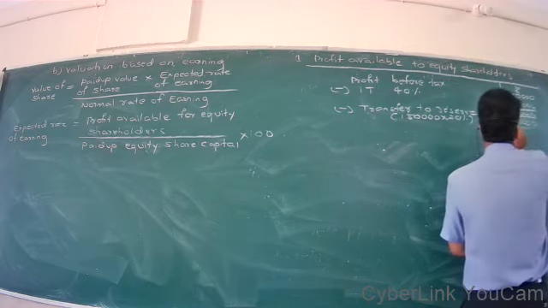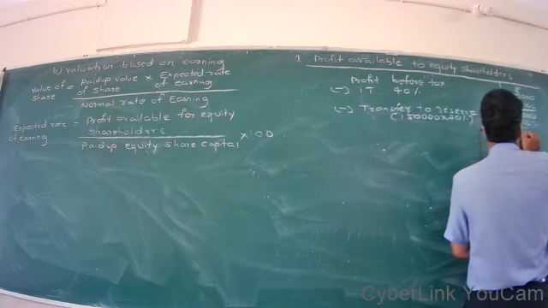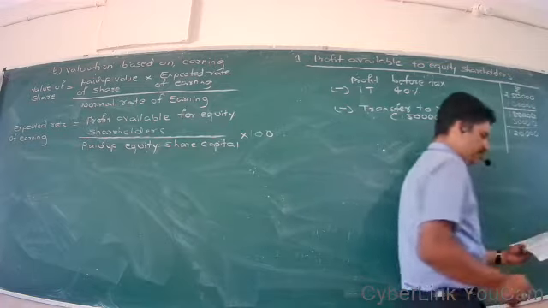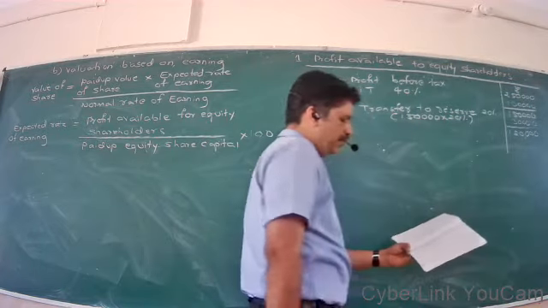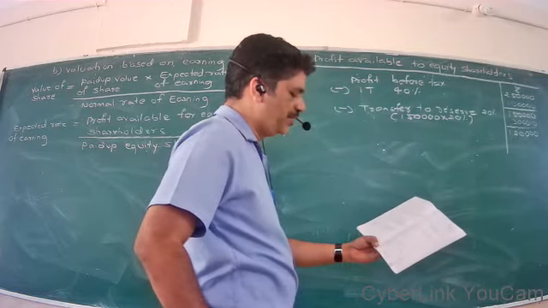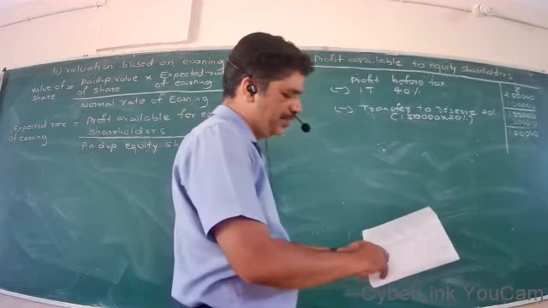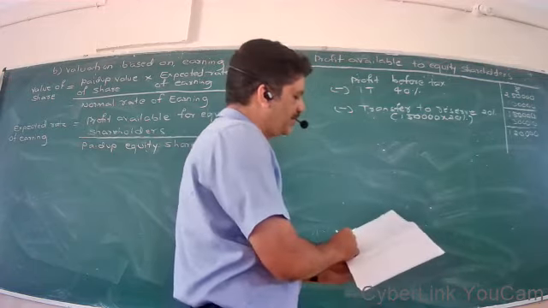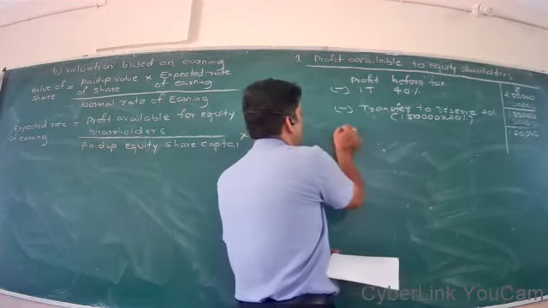Then the remaining amount is 1,20,000, and you have to provide for preference dividend.